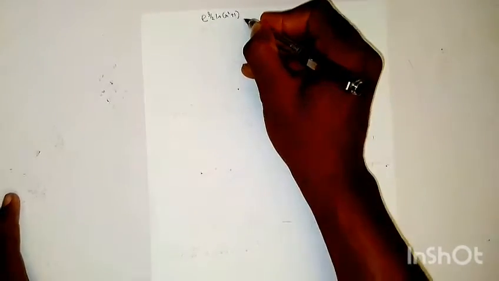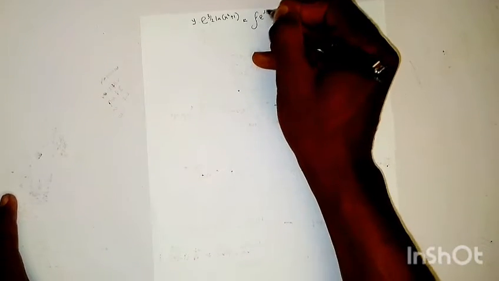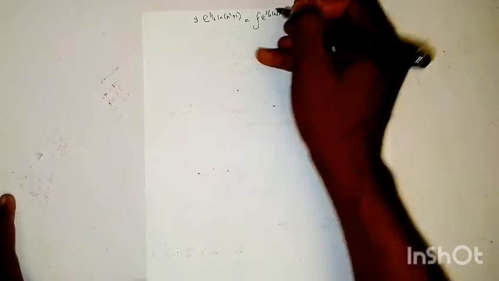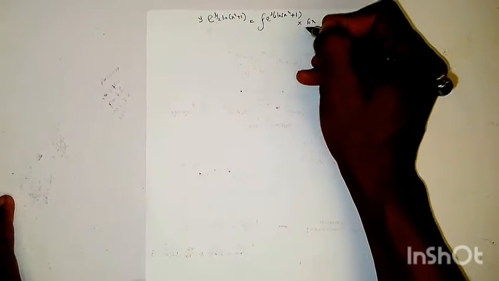So writing, we have exponential of 3 over 2 ln(x squared plus 1) times y, which gives me the integral of exponential of 3 over 2 ln(x squared plus 1) times 6x over x squared plus 1 dx.